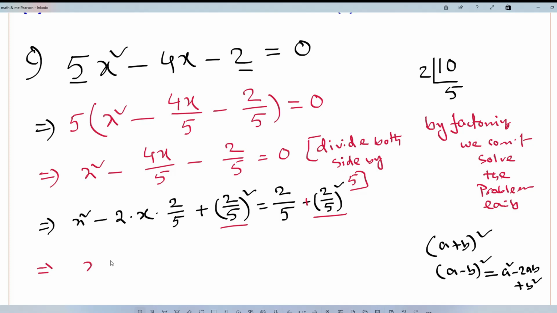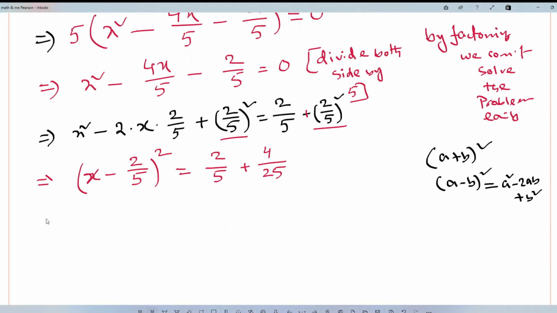Okay, now look, this one we can write x minus 2 by 5 whole square, right? And on the right side, this one is 2 by 5, and here plus 2 square means 4 over 25.